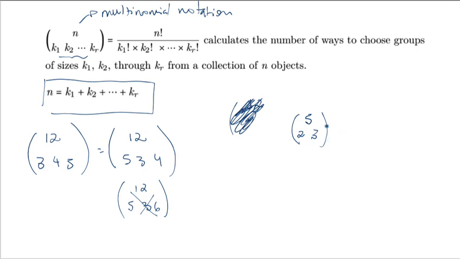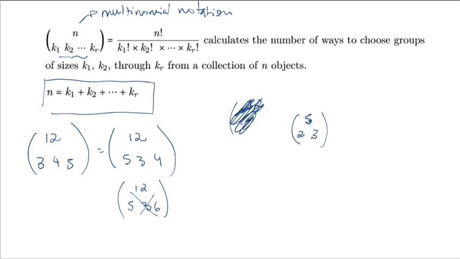It must be 3 because we have to sum up to 5. So what this means is I take 5 things and I make a first group with 2 elements. So I choose 2 and then I choose 3. Actually, this notation doesn't exist because this is actually the multinomial, right?